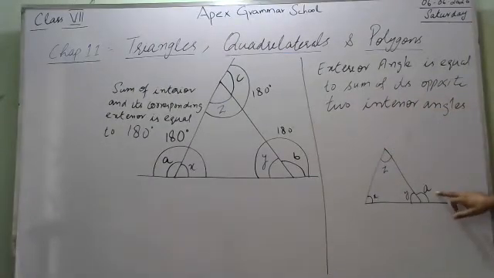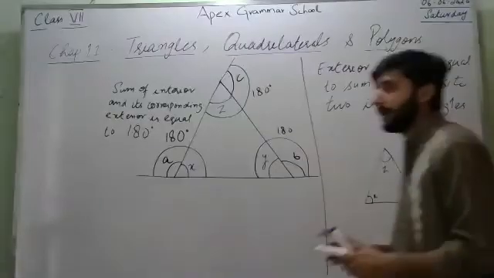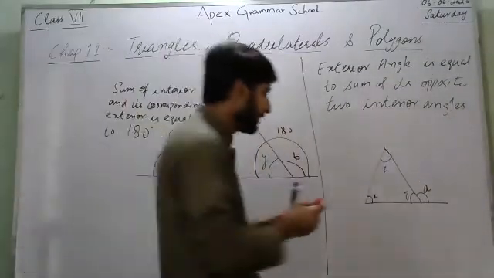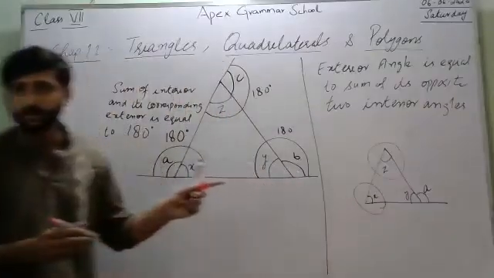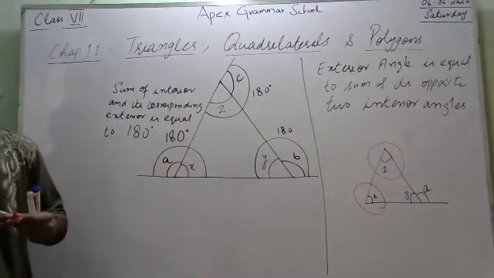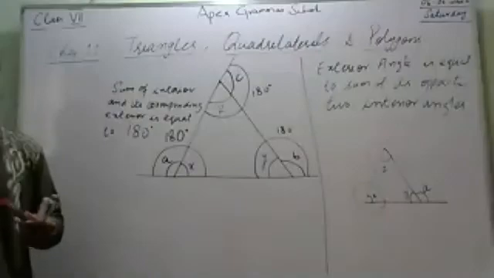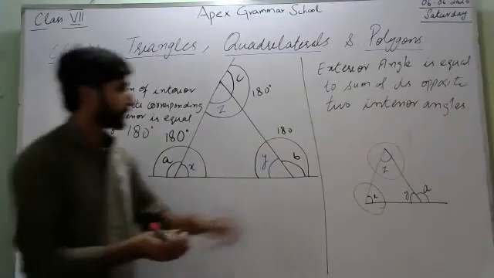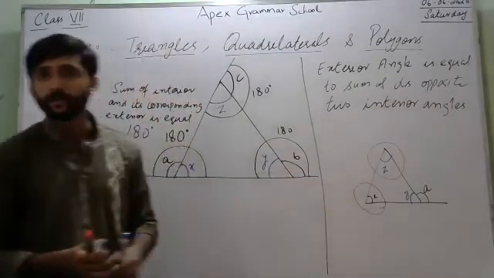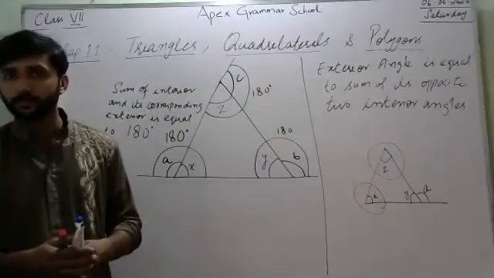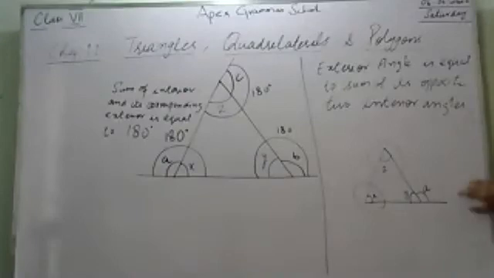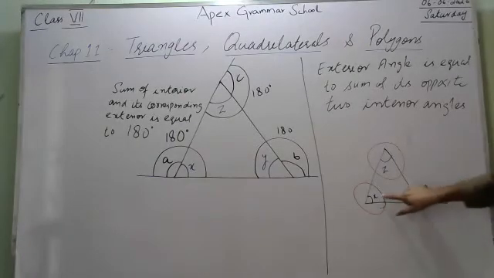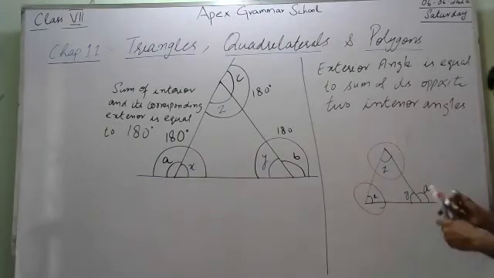This is the exterior angle, and its two opposite angles are X and Z. According to the statement, A equals X plus Z.